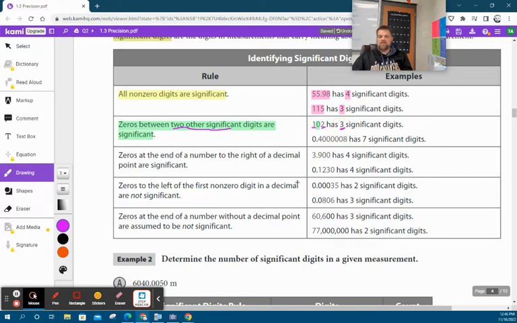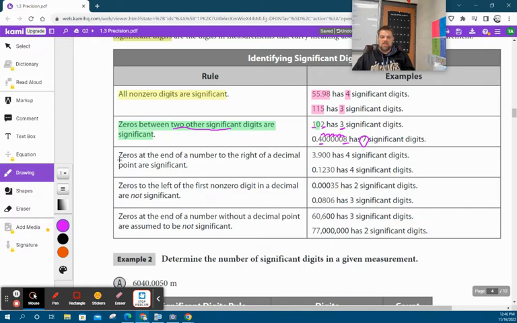So I have 3 significant figures. This is significant because that's a non-zero. This is significant. How many numbers are there in between the 2 numbers? Well, there's 1, 2, 3, 4, 5, 6, 7. So I have 7 significant digits. Okay.